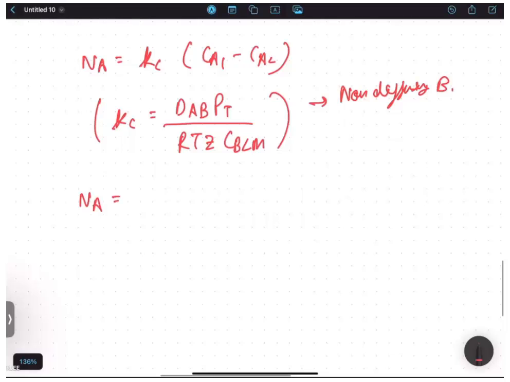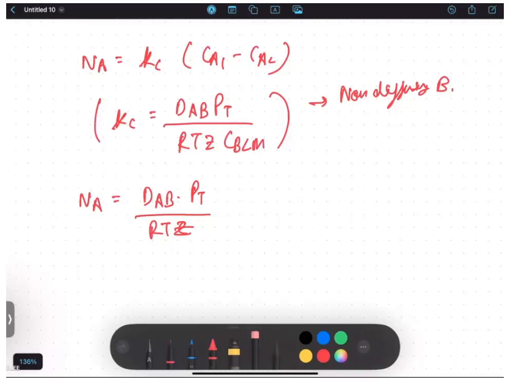So Na is equals to DAB into PT by RTZ. You can also write it as CT. No need to write this RTZ because we are taking concentration difference, so you can directly write it as CT, and here no need to write Z RT.